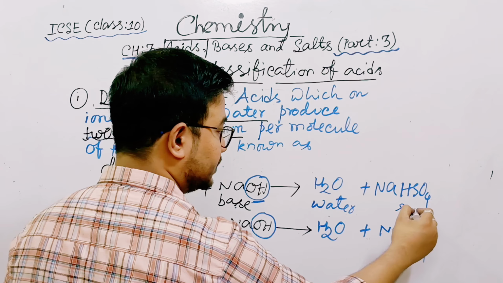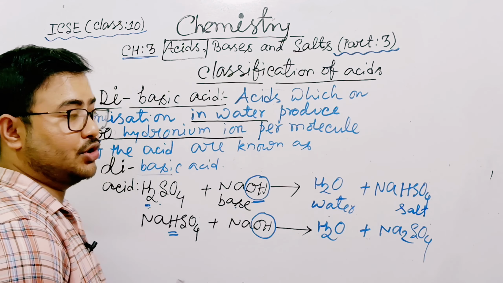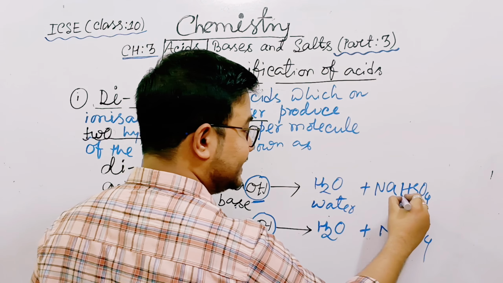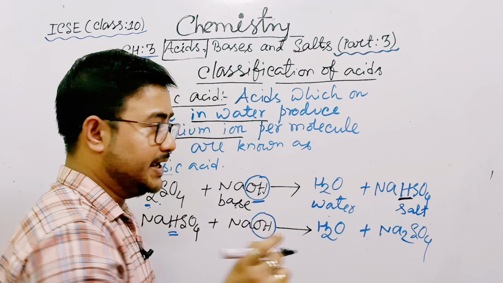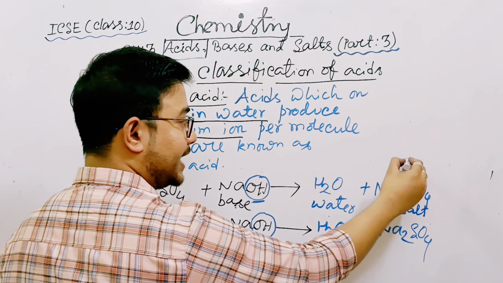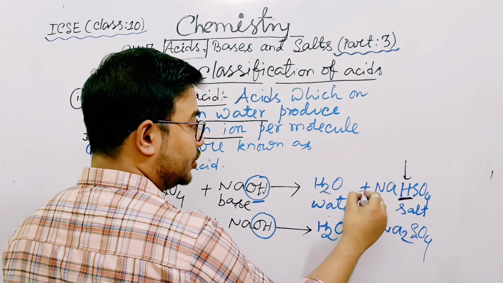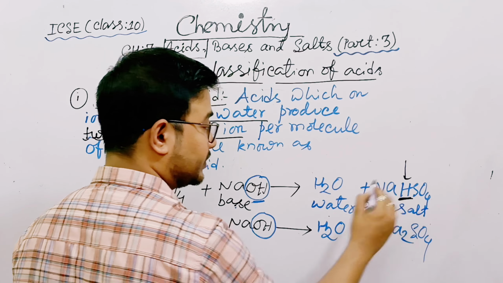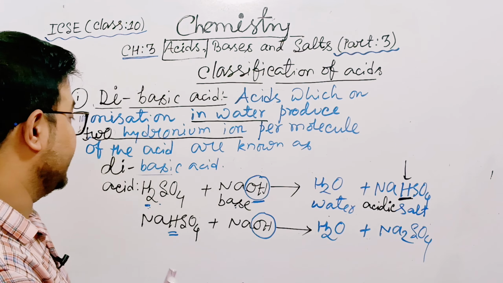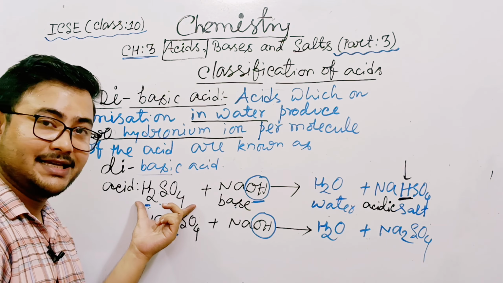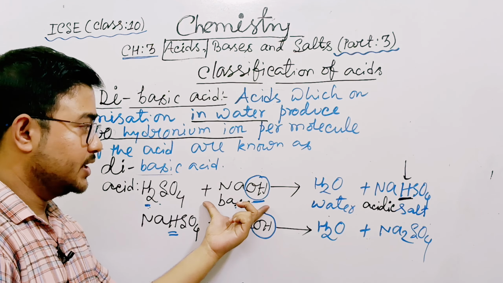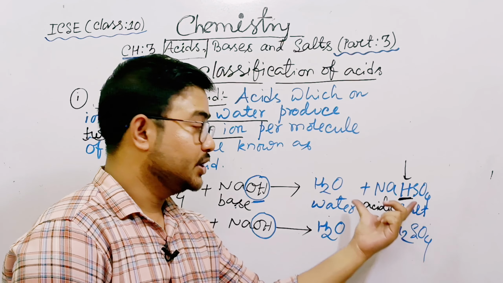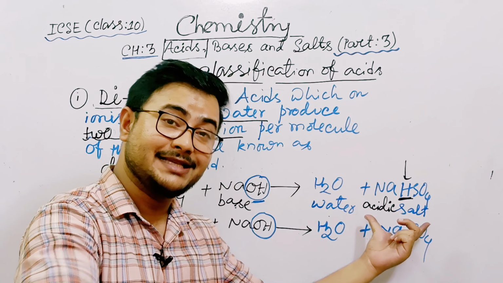But in this salt, since one acidic element is there, acid means H, that is hydrogen, it is called not only salt, it is called acidic salt. So this is the important point. When any dibasic acid reacts with a base, forming salt and water, the salt is first an acidic salt.